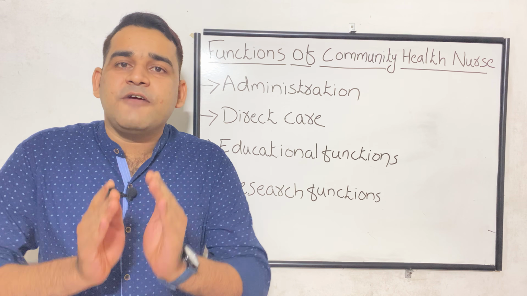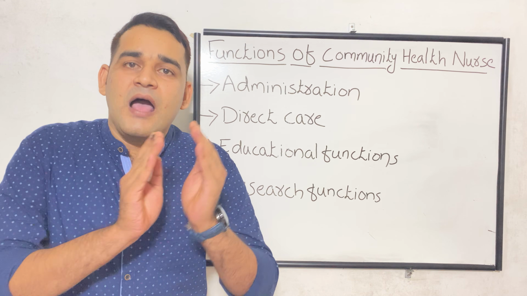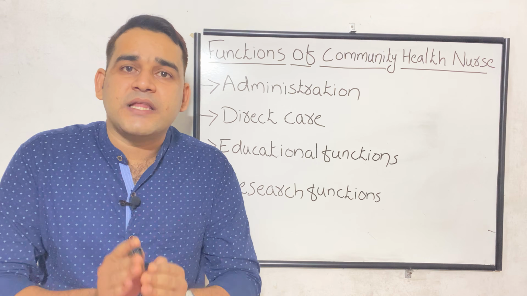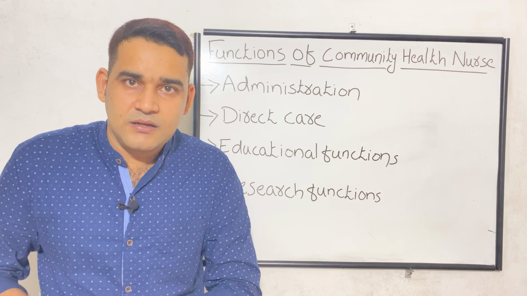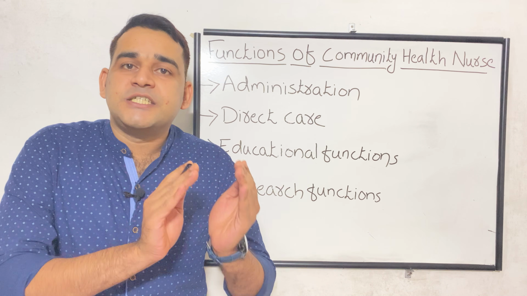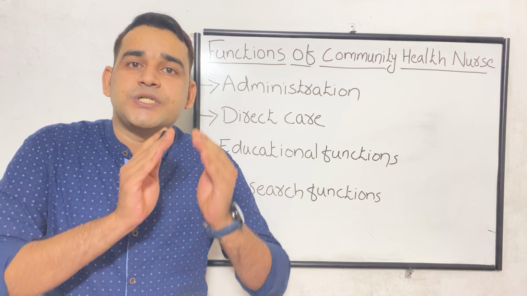So, identify the problem of the community related to health care. Now you have to try to find a solution to that problem. The community health nurse should try to find the solution to the problem.